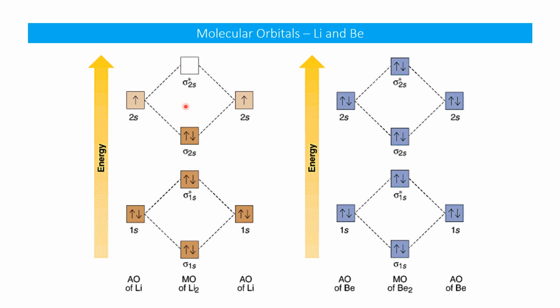But remember that these things are in some sort of metallic system. But Li2, it's telling you that it can exist. And the same thing here, you can see that Be2, on the other hand, would have a bond order of 0. And so that does not look like it should exist.